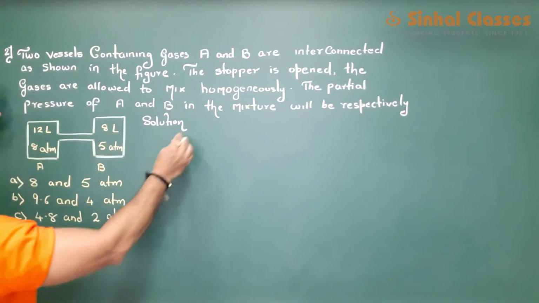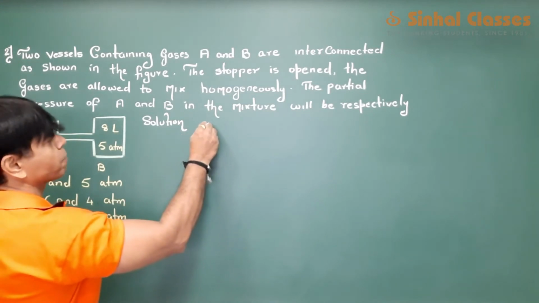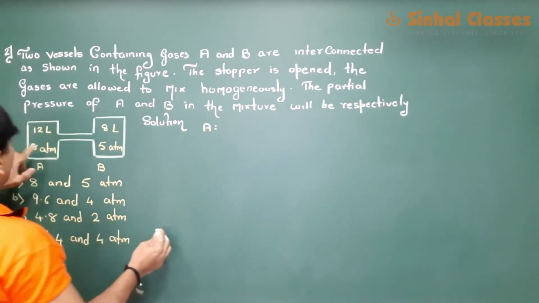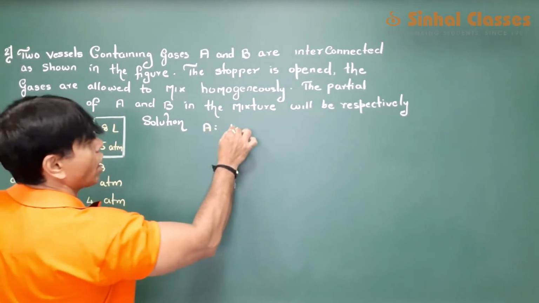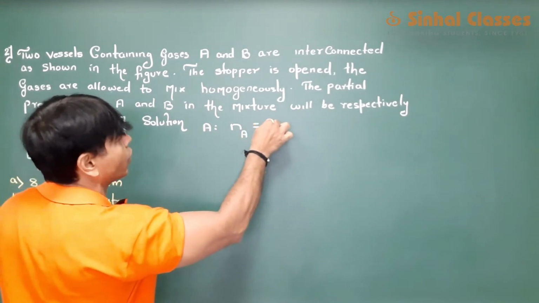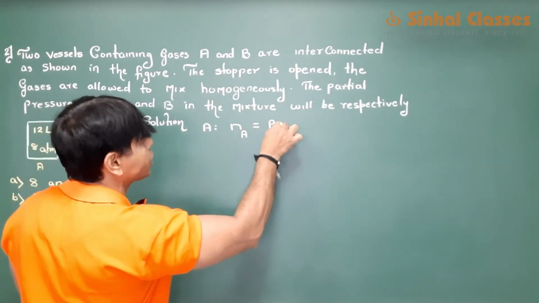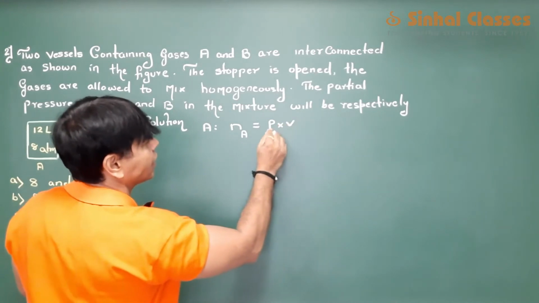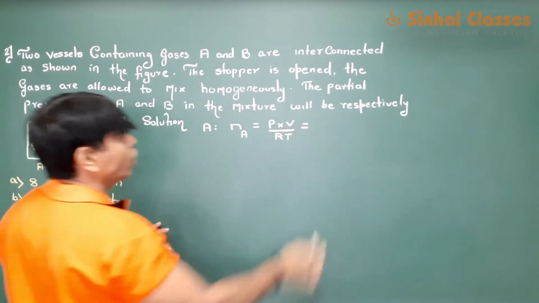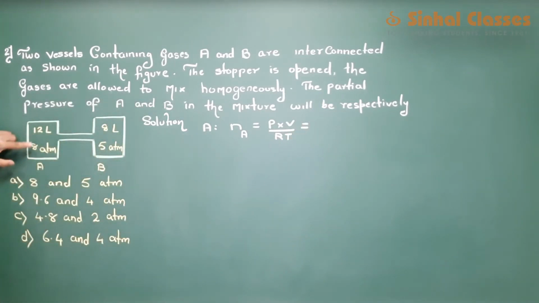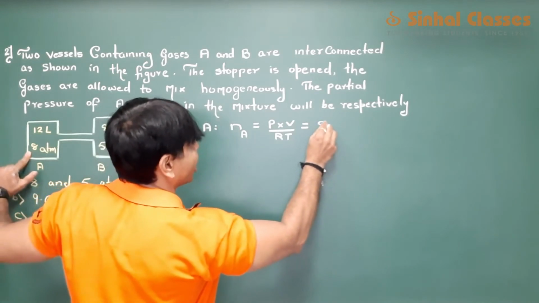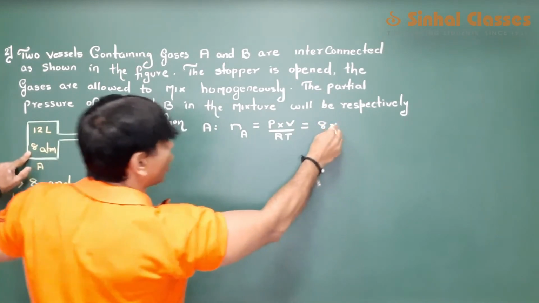Now for gas A, vessel A, take out the mole of gas A. So n is the mole of gas A, which is equal to pressure into volume of A divided by RT. Now, what is the pressure given in the first case? 8, into volume.